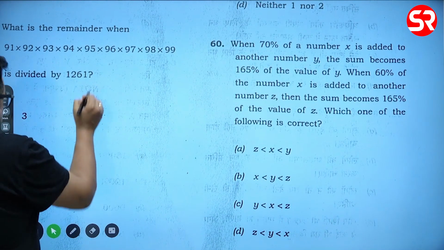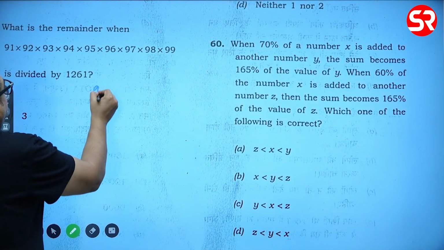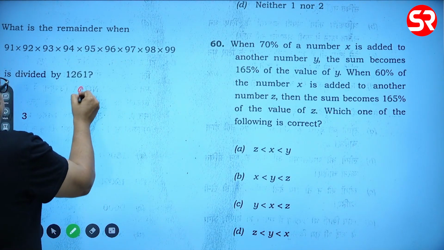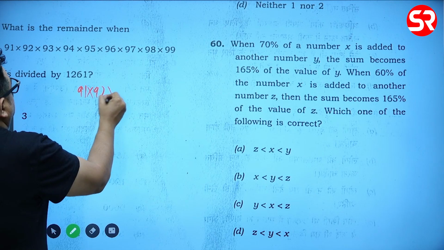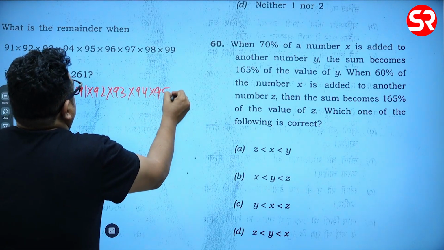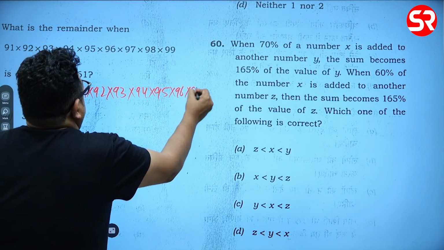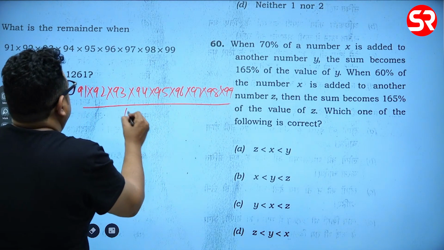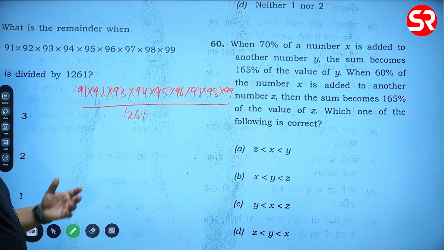See this? 91 into 92 into 93 into 94 into 95 into 96 into 97 into 98 into 99 divided by 1261. Why were you confused?